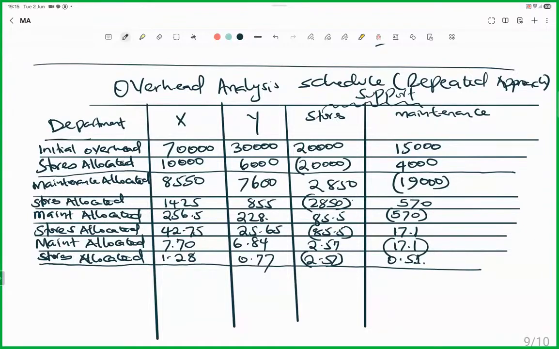So please now come and give me the total overheads for each of the production departments. Total or final overheads.